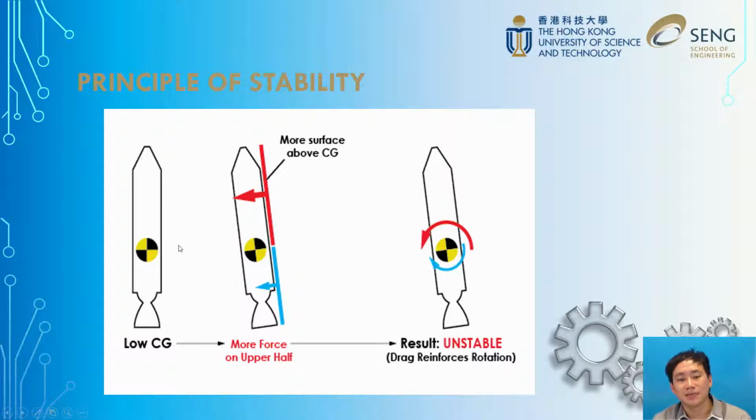Let's give you another example. In the situation of a rocket, if we put all the fuel, all the heavy material towards the end of the rocket, the center of gravity will move down. Imagine that this rocket is now having a thrust, moving it forward.